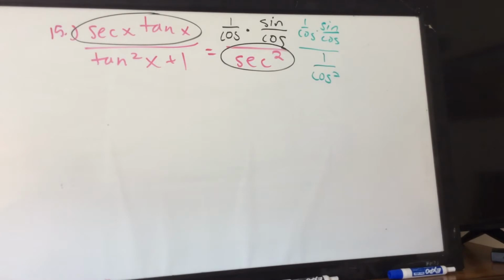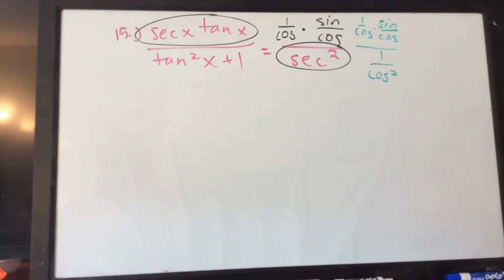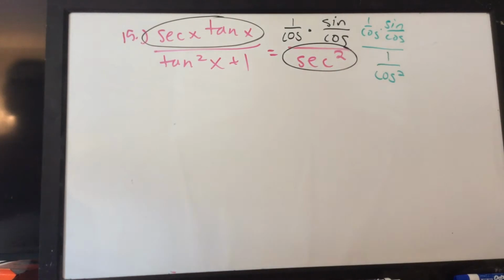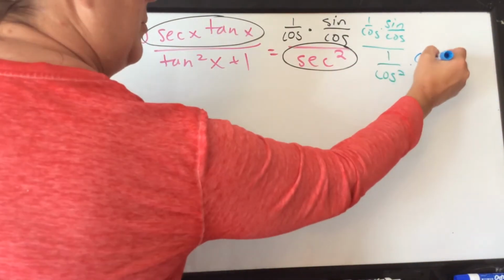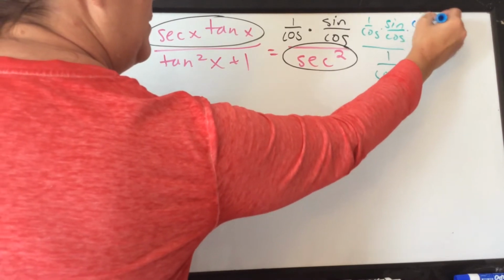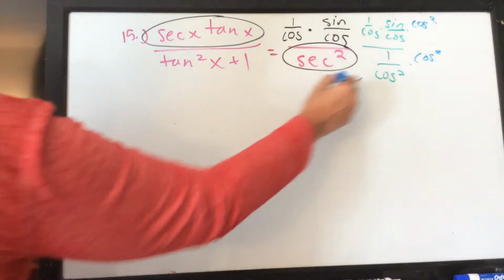And then we need to multiply by its reciprocal. So I'm actually going to do this. I'm going to bring it back over here. Multiply by its reciprocal. Now we're going to come back down here.